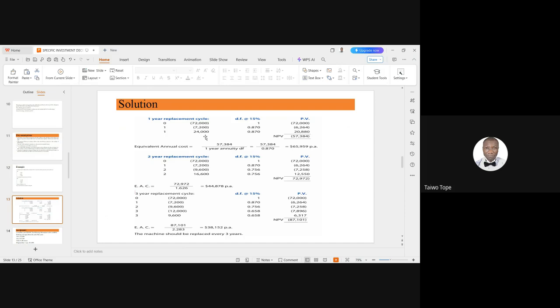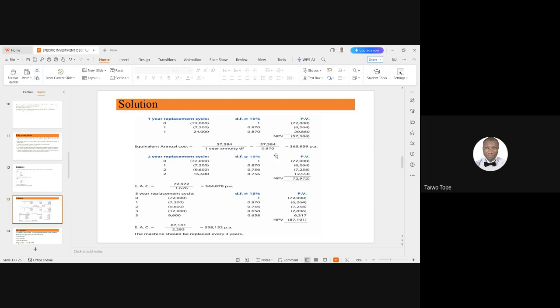And for the resale value in year 1, you have 0.870 multiplied by 24,000, you have 20,880. You do the plus and minus, and the NPV will be 57,384 when we apply the 1-year replacement cycle. Now, the equivalent annual cost will be 57,384 divided by the 1-year annuity discount factor, which we have as what?